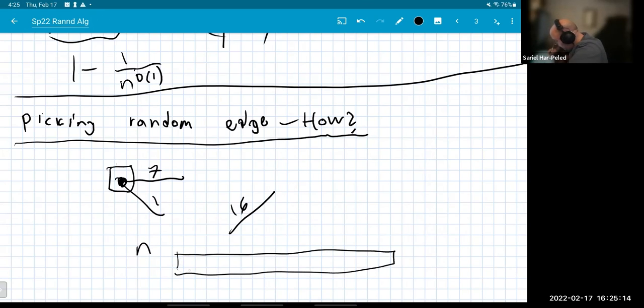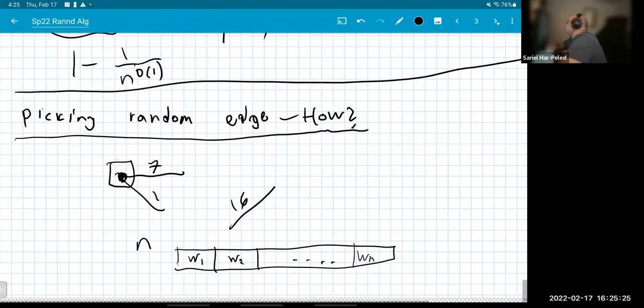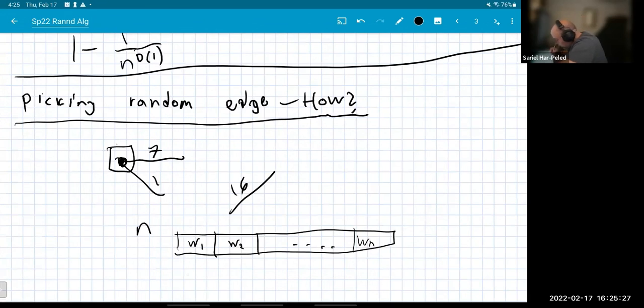Every vertex is going to have a different weight, W1, W2, all the way to Wn, okay? Picking a vertex according to the weight is very easy, right? Because we're essentially going to pick a random number in this interval and see in which interval the random number falls, and that would be the vertex that we pick.